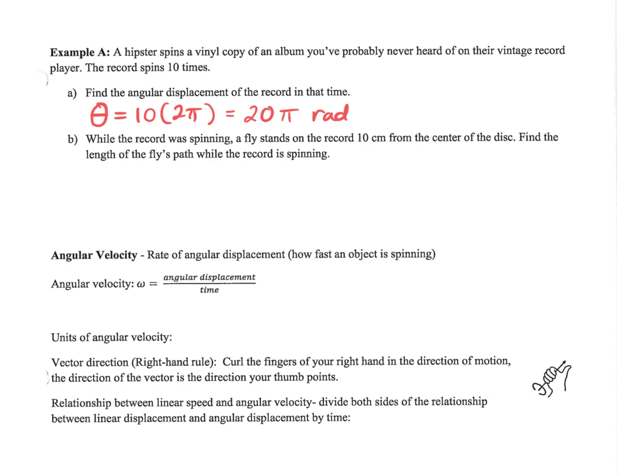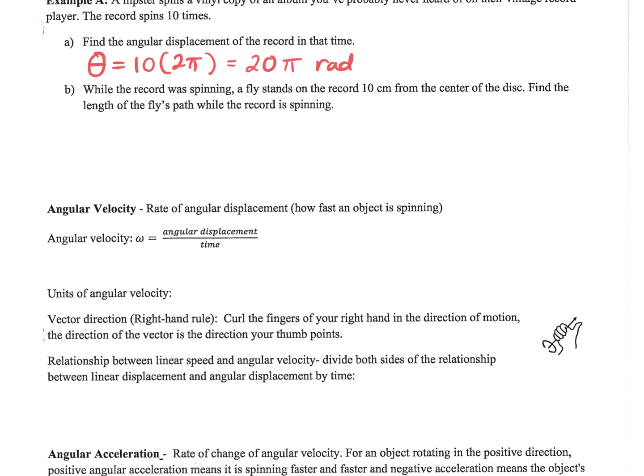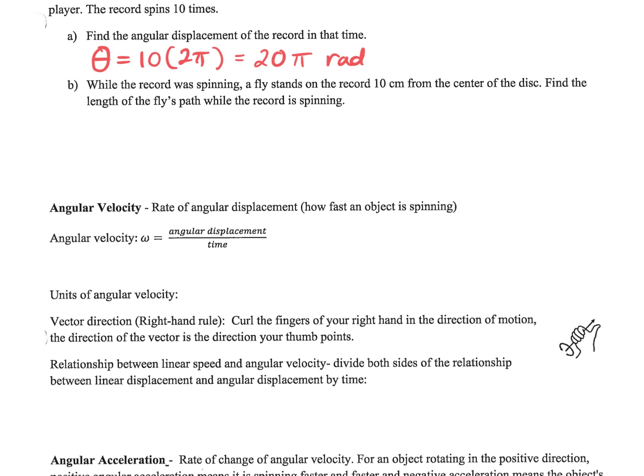While the record was spinning, a fly stands on the record 10 centimeters from the center. So what is that giving me? That's giving me an R of 0.1 meters, isn't it? Find the length of the fly's path. Now, the length of the fly's path is described by what?